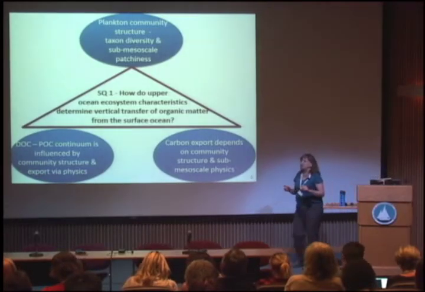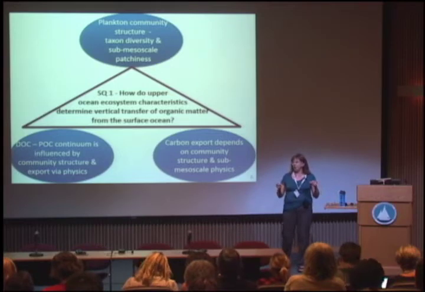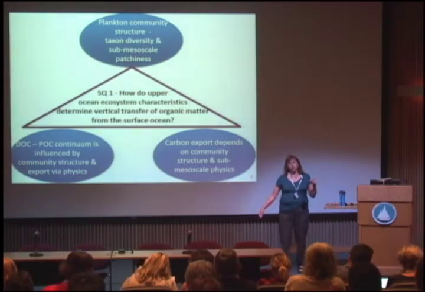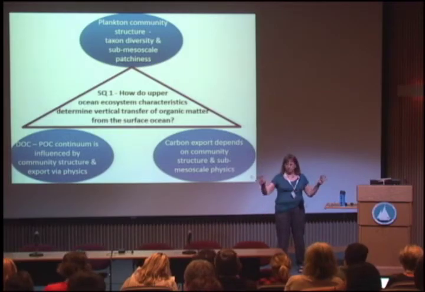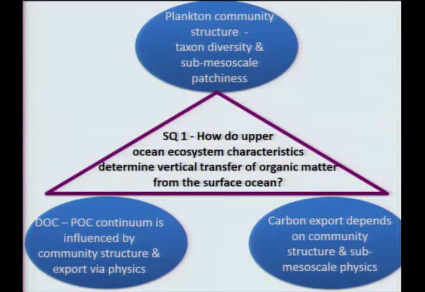And what I'd like to do is invite you to think about the rest of the talk as a walk through a sculpture garden, where you have a 2-year-old in your hand, and you're trying to get the big picture, and you're not trying to dissect a Rodin. So I'm not going to go into all the details on these slides, but what I'd like to do is convey 3 subtopics: plankton community structure, the taxon diversity, and the submesoscale patchiness.